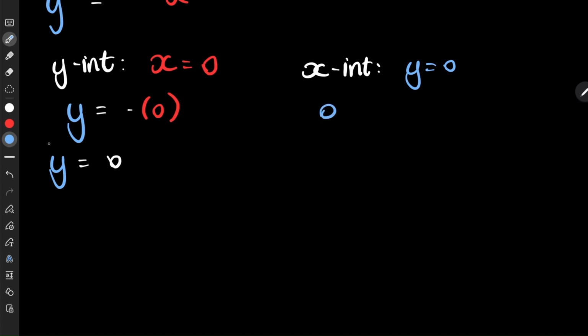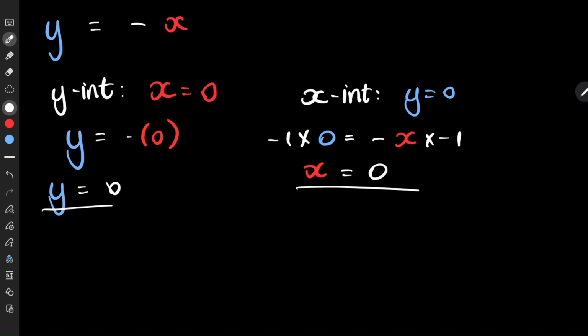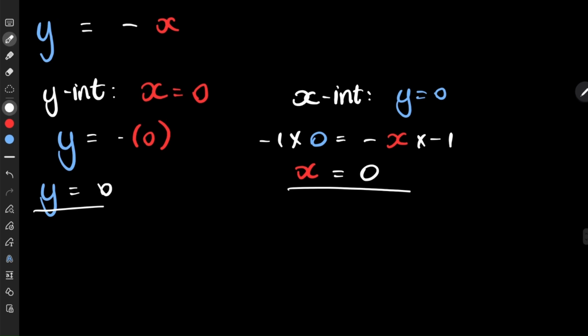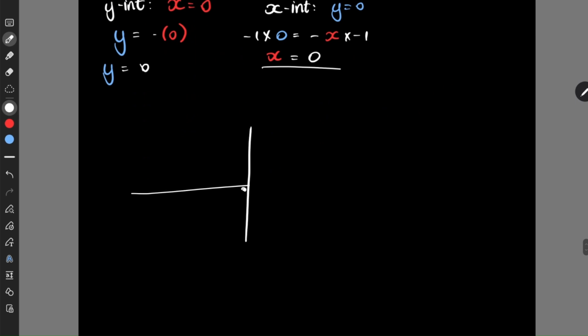So it's going to be 0 is equal to negative x. And the same thing is going to happen here. You multiply both sides by negative 1, times negative 1, so that the negatives cancel and give us a positive. X is equal to 0. So what you notice is that the intercepts are both 0, right? Just as we predicted, it's going to go through the origin.